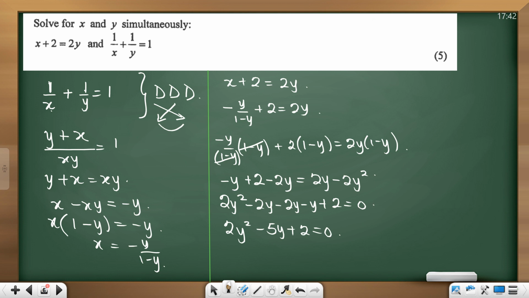I hope you know how to factorize, guys. What I do, I'll just multiply that and that. Y squared minus 5y. Factorize quickly. Y there, y there.